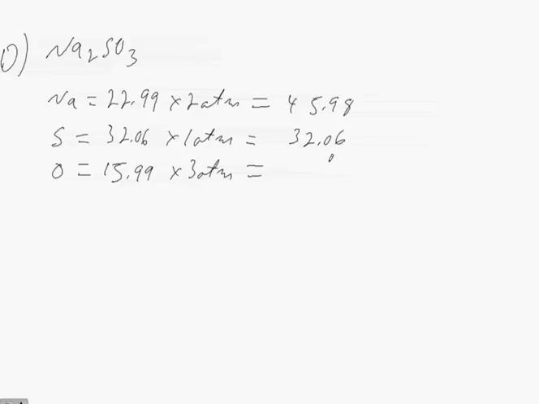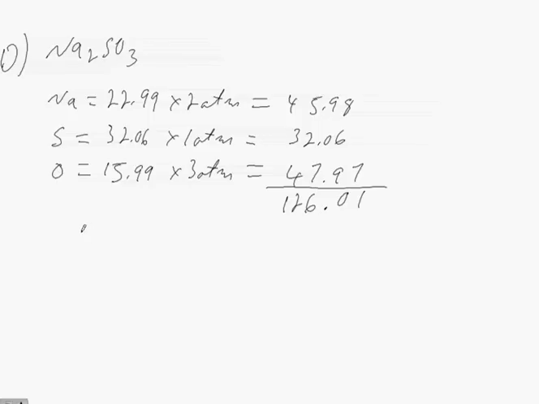15.99 times 3 equals, that's a total of 47.97. Okay, I take this and add all three: 47.97 plus 32.06 plus 45.98 gives me a total of 126.01.